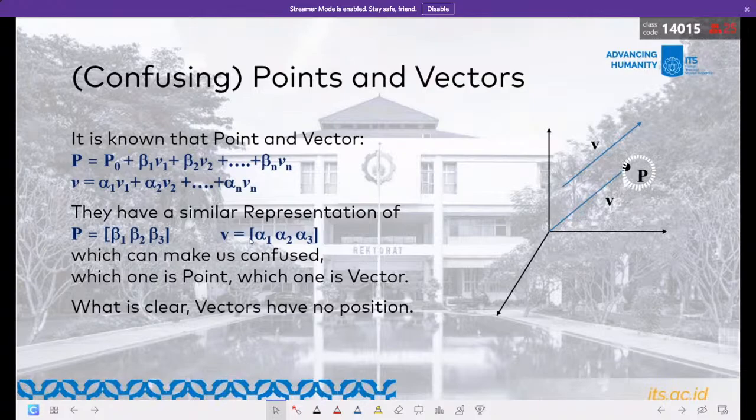Because in fact, a vector will be used for transformation, for representing motion, and a point will be for drawing something, for the vertex position, to indicate some location to draw on the canvas, on the space. Okay, so this is the strategy.